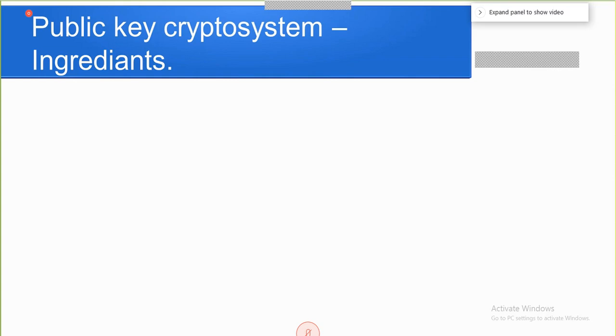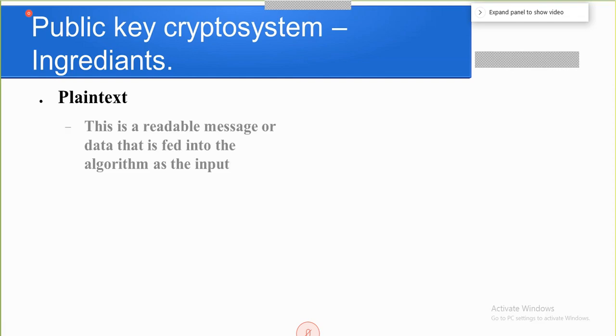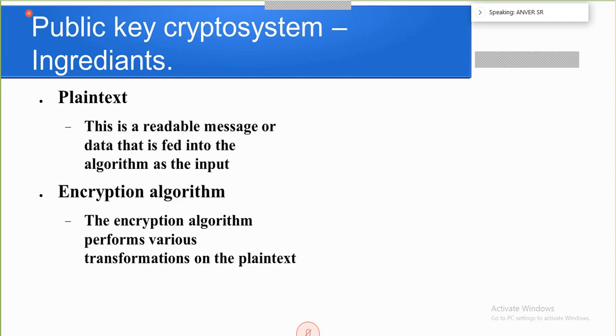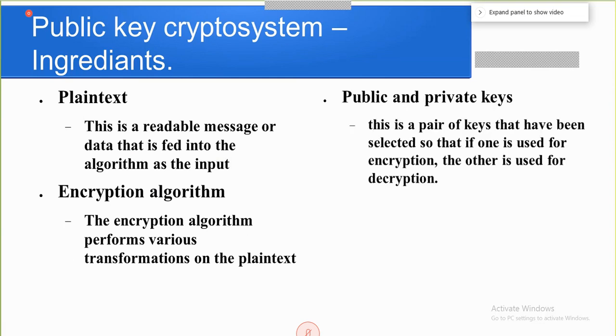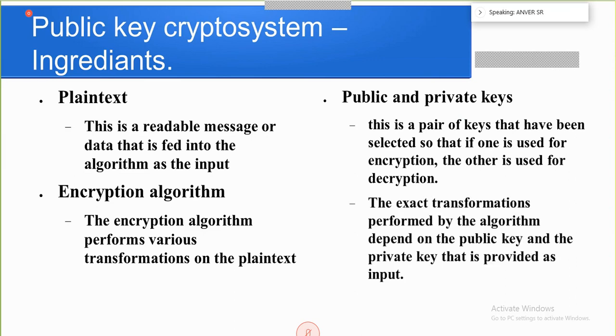Then next come the ingredients of a public key crypto system. There are a total of 6 ingredients. First is the plain text. Then the encryption algorithm. Then the third and fourth are the public and private keys.